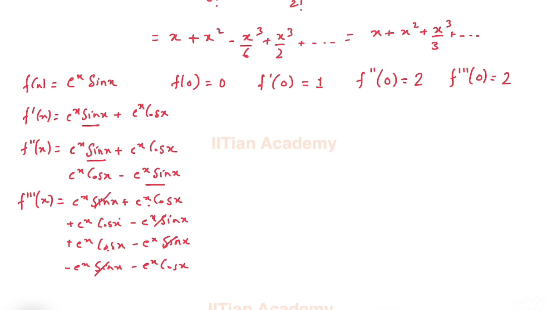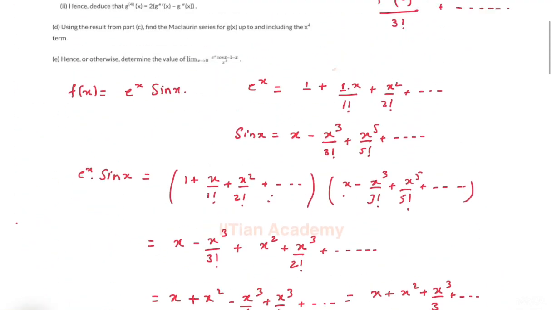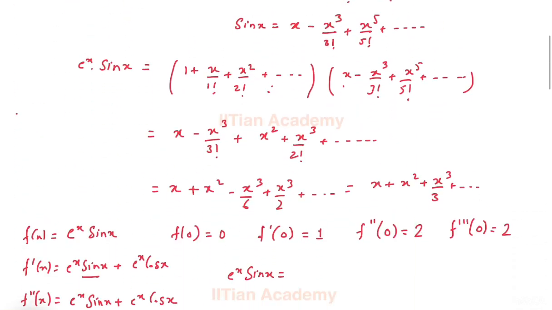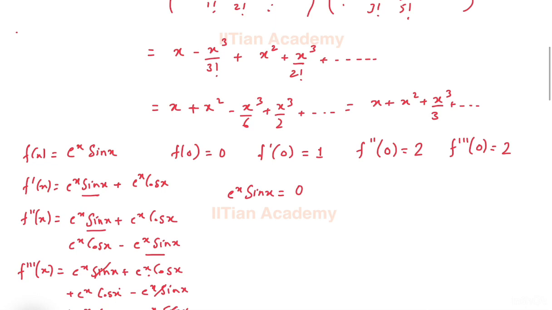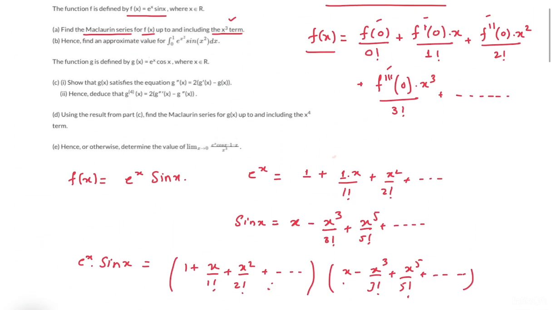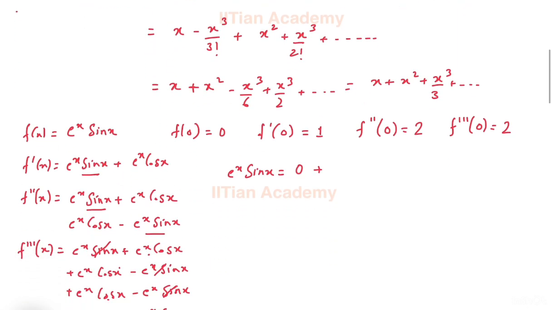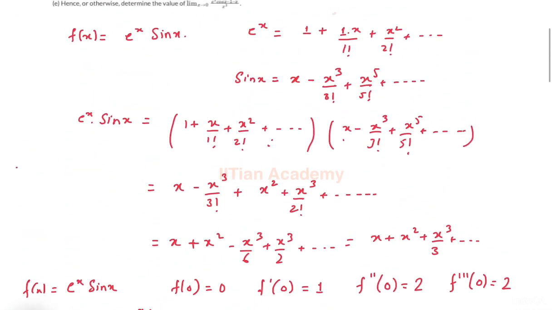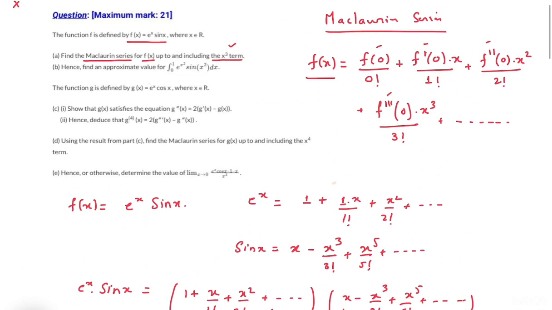So the Maclaurin series for e raised to the power x sin x will be, as you can see from the formula, f of 0 divided by 0 factorial, which is 0. Then the second term is f dash 0 into x. So f dash 0 is 1, which is x by 1. Then we go to the next term, which is f double dash 0 divided by 2 factorial.